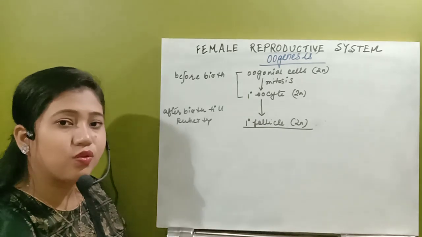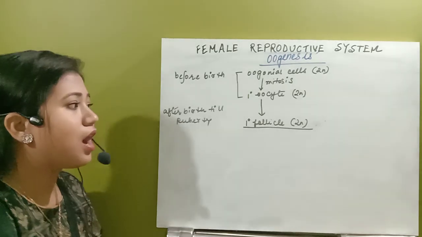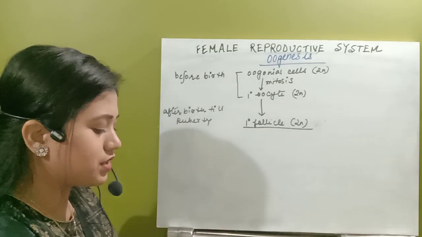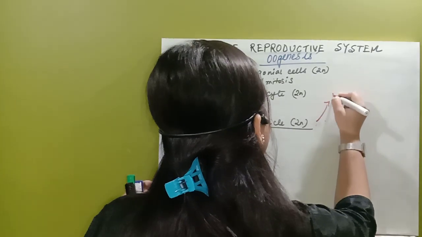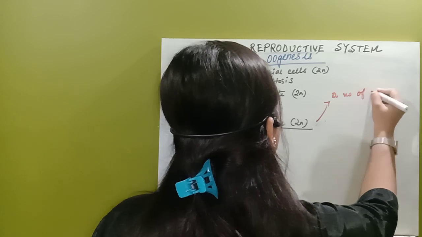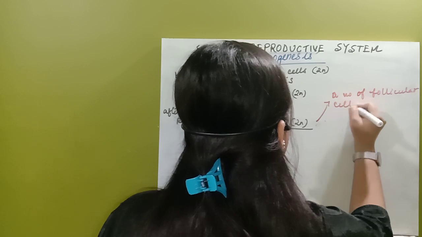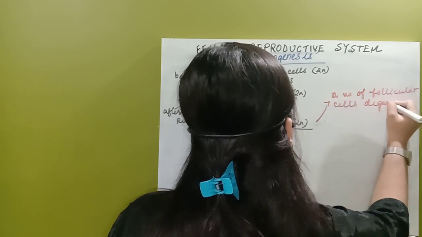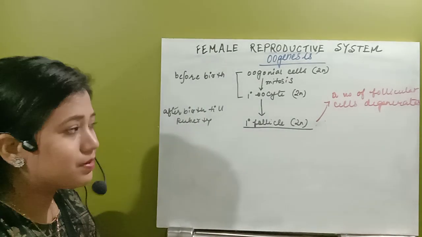So to conserve energy, not to waste nutrients, a number of follicular cells degenerate, and whenever they degenerate, what happens?